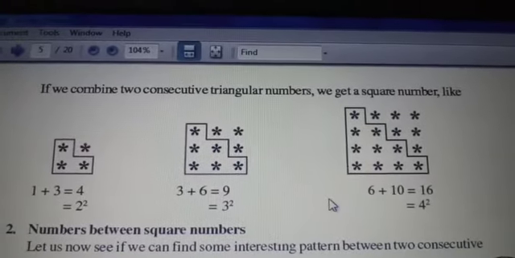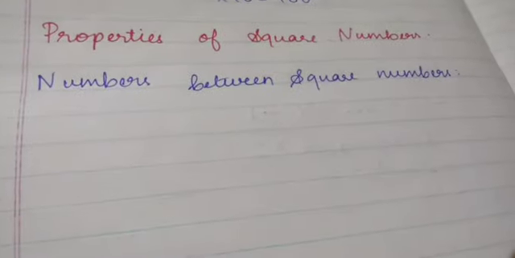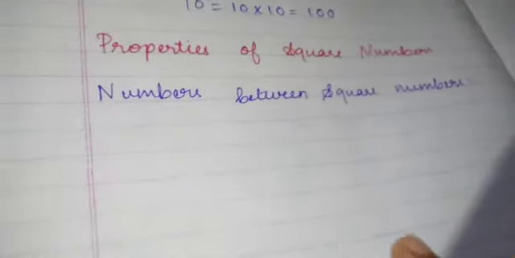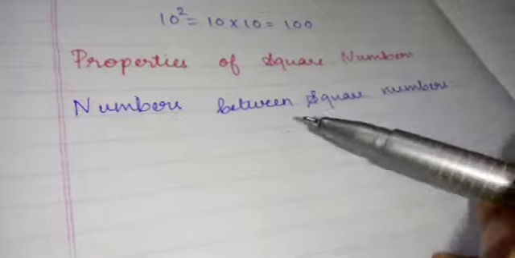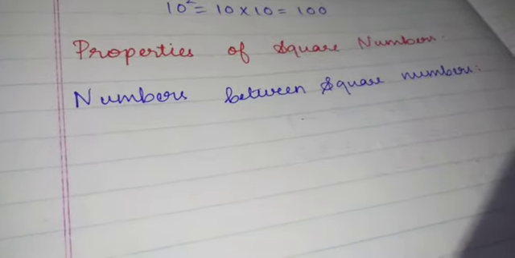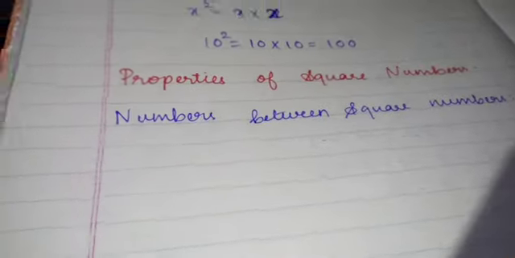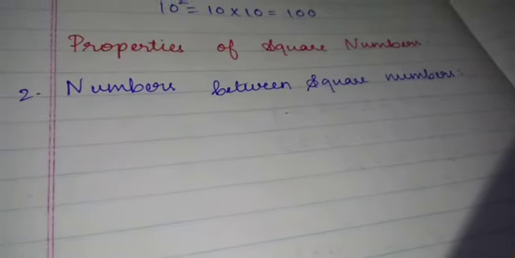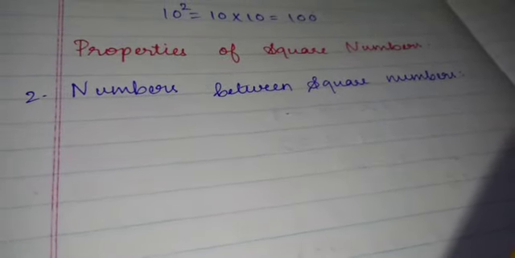Next is the properties of square numbers. In that, we are going to deal with the numbers between square numbers, the second subdivision. So we are going to find what the numbers are between these square numbers.